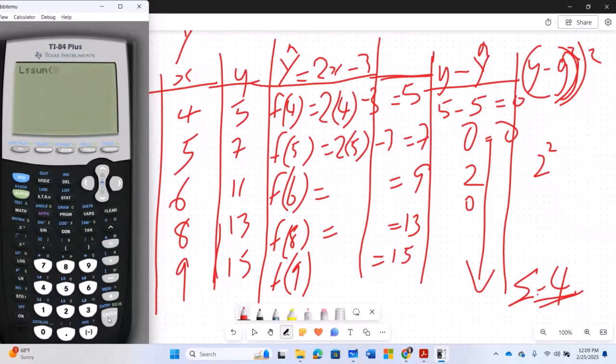Actually, omit it also because it takes a lot of calculations too. So I'm going to delete that, and then I am looking for sum of L5. All right, so this is sum of L5, close. Calculator is going to give us more.